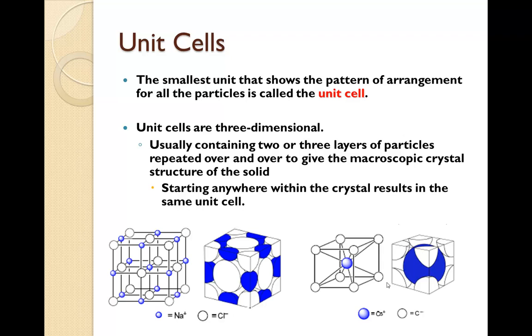So what we've done here is notice that there are few whole atoms here. Instead we have things like an eighth of an atom or a quarter of an atom. That's because when we look at the lattice, it's taking one section that repeats itself.